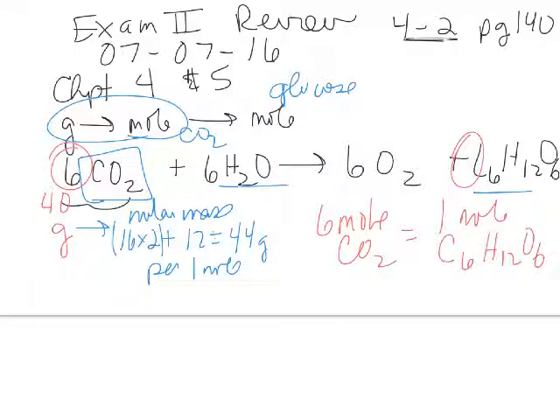And then, of course, depending on the question, if it asks for grams of glucose, then you can use the molar mass and calculate for 1 mole of glucose. You can calculate 6 carbons, 12 hydrogens, and 6 oxygens and figure out the molar mass. And that's like 180.2 grams per 1 mole.